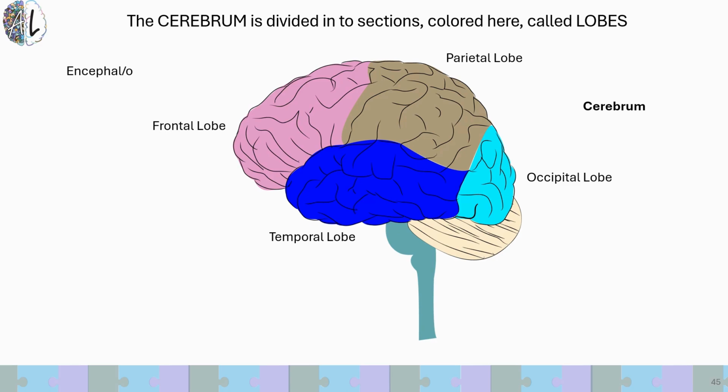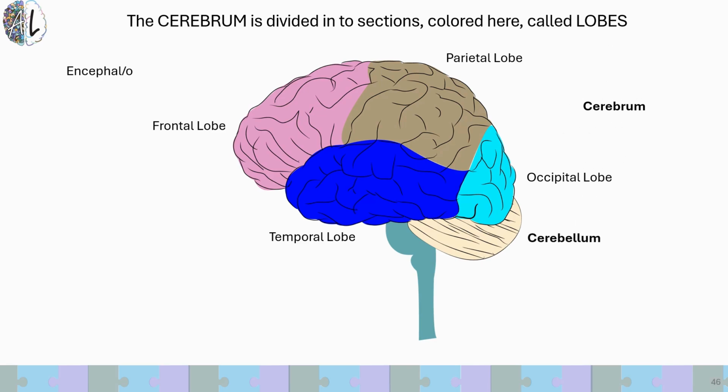Then we're going to look at this dark blue lobe on the side. Anatomically, it is just underneath your ears. There is one on each side of your skull, so there are a couple of temporal lobes. This is the temporal lobe, shown in this dark blue color.